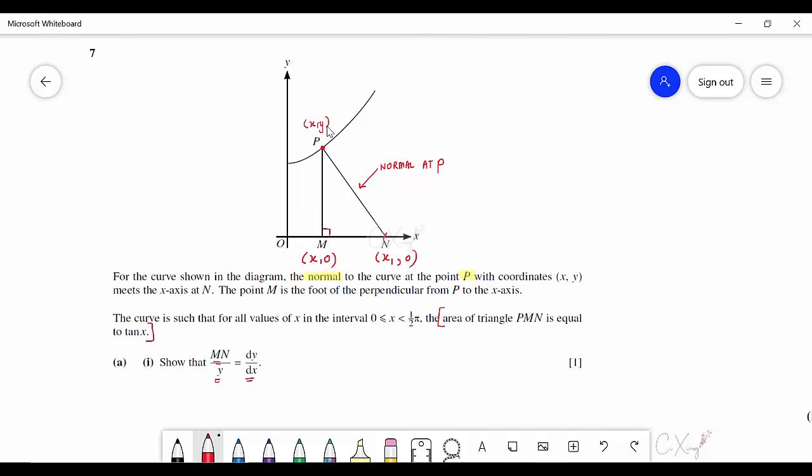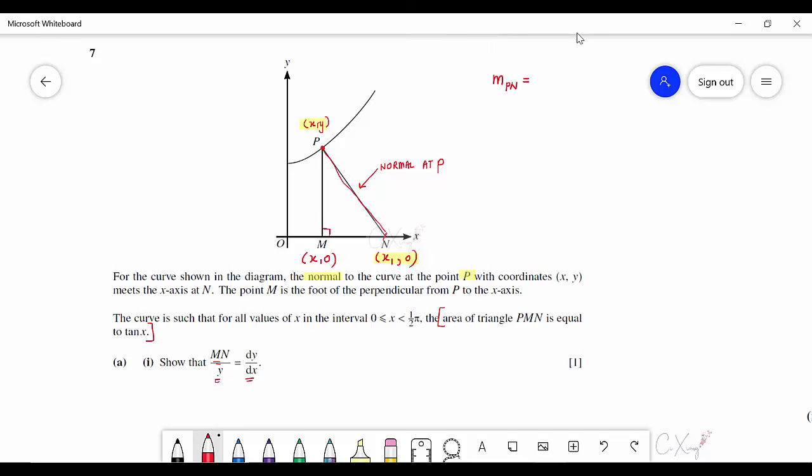Now I want to try to combine all this information related to dy over dx. First of all, maybe I try to figure out the gradient of PN. So the gradient of PN means this line. So how should I get the gradient of PN? By referring to the coordinates of P and also the coordinates of N, I will write out the formula.